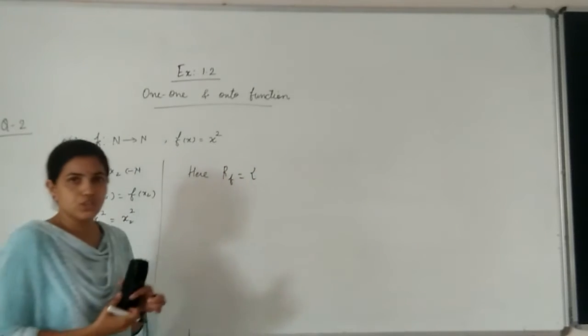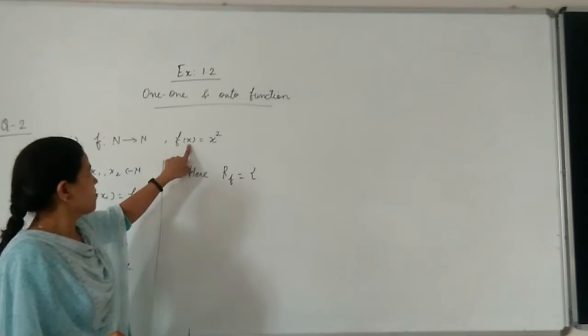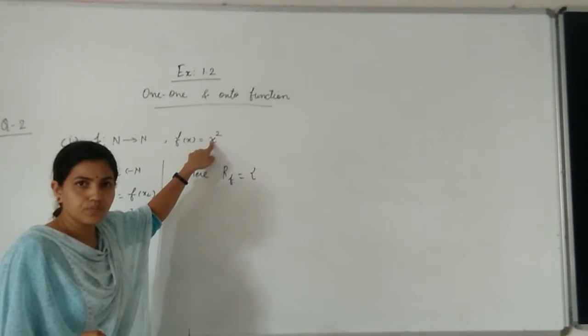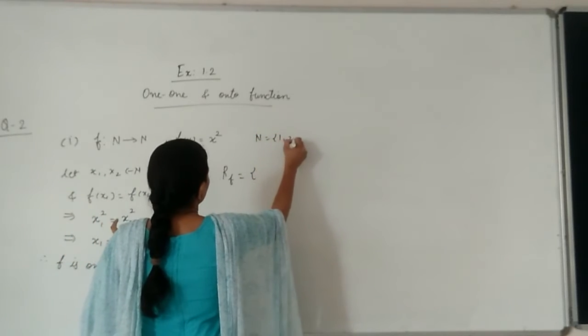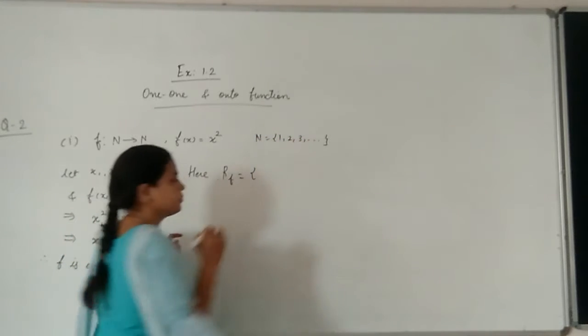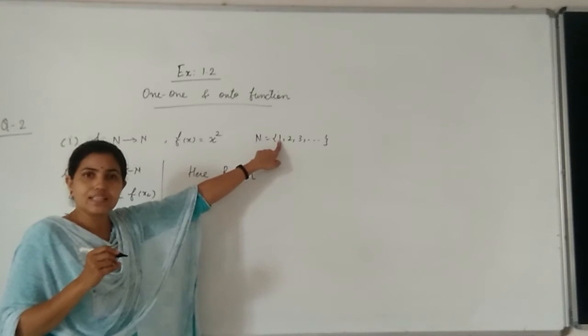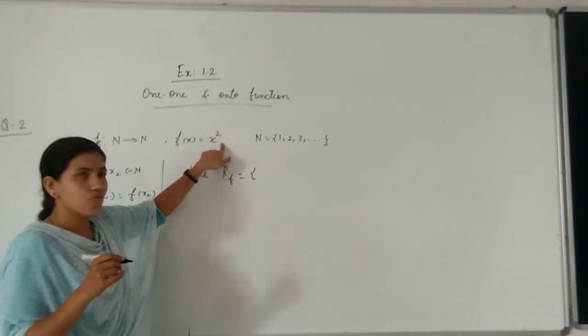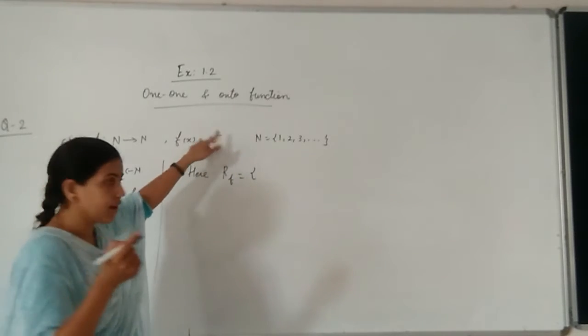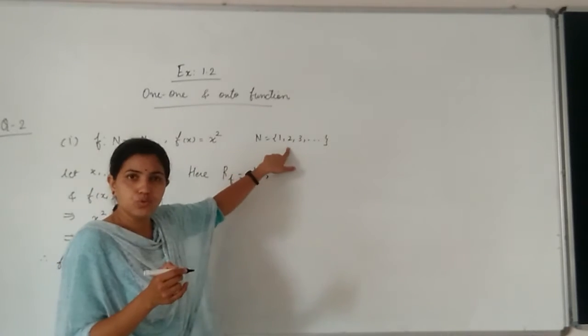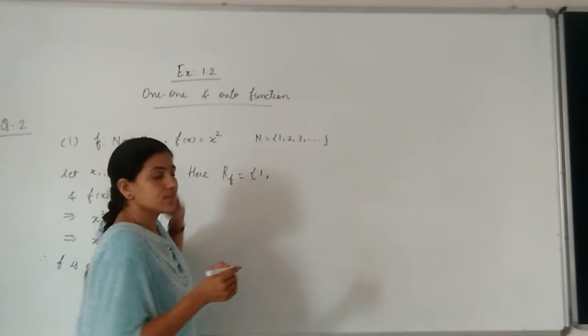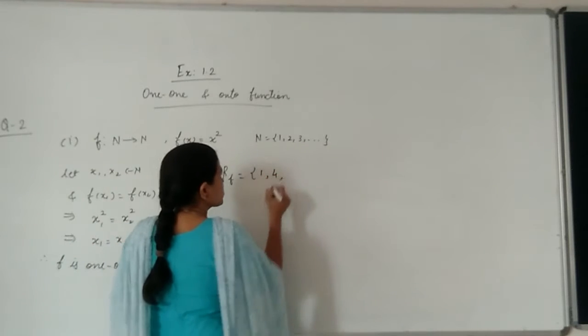So what can the range be? The function is f of x is equal to x square. N is equal to 1, 2, 3, and so on. If x is equal to 1, then f of x will give us 1 square, that is 1. If x is equal to 2, then f of x will give us 2 square, that is 4.